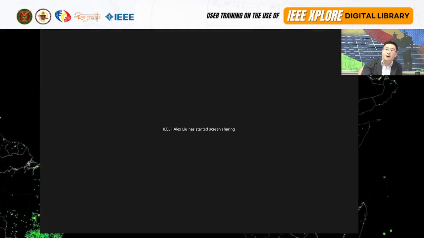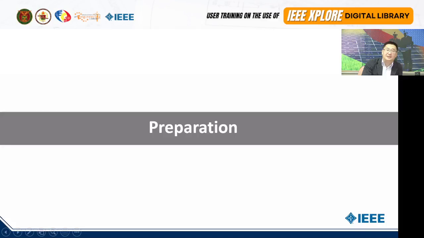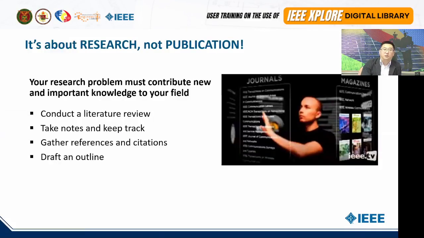So always remember, it is not just the publication. What's more important is actually the research. If you think about it, during the whole process of publication, you need to spend 80% on preparing your research, and the other 20% on writing the paper.